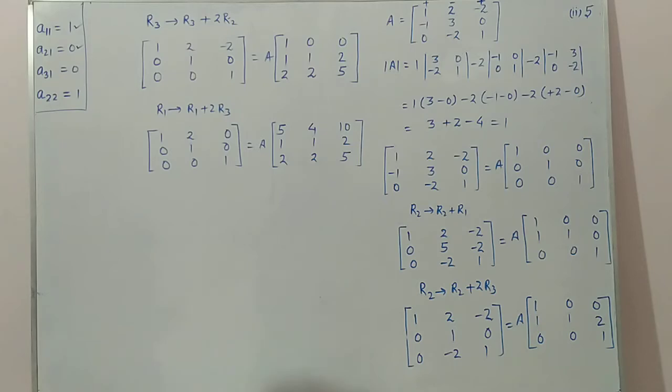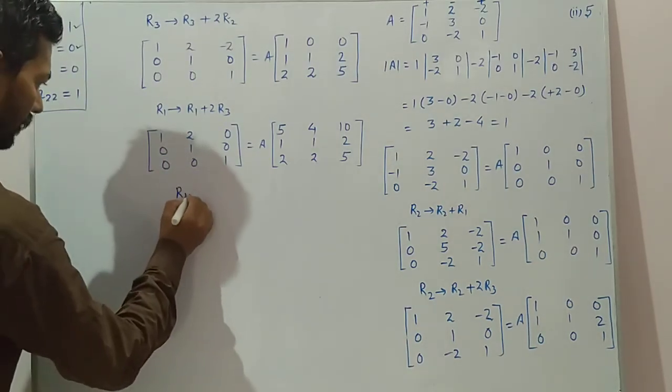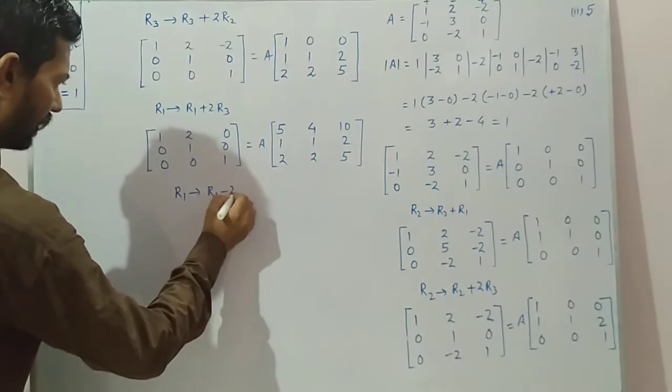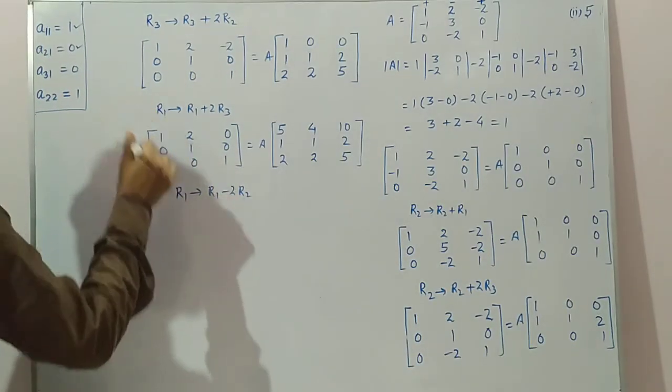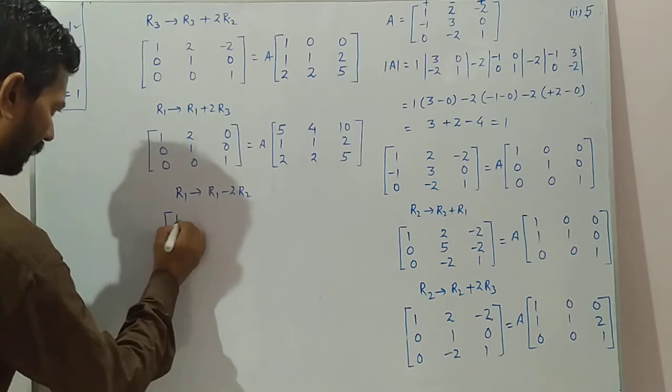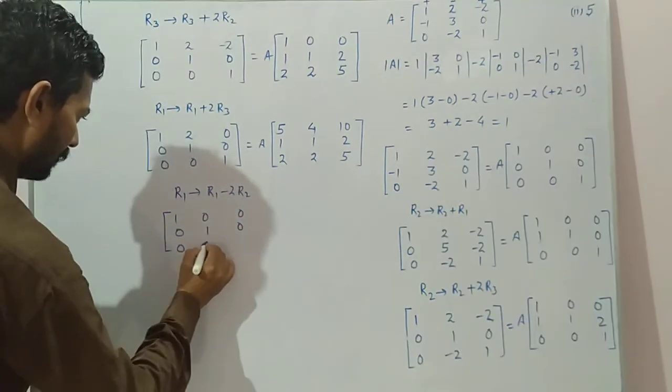Next, what do we have to do? We have to make this one 0. So R1 changes to R1 minus 2 R2: multiply this one by 2 and subtract it. This will be 1 0 0, 0 1 0, 0 0 1.